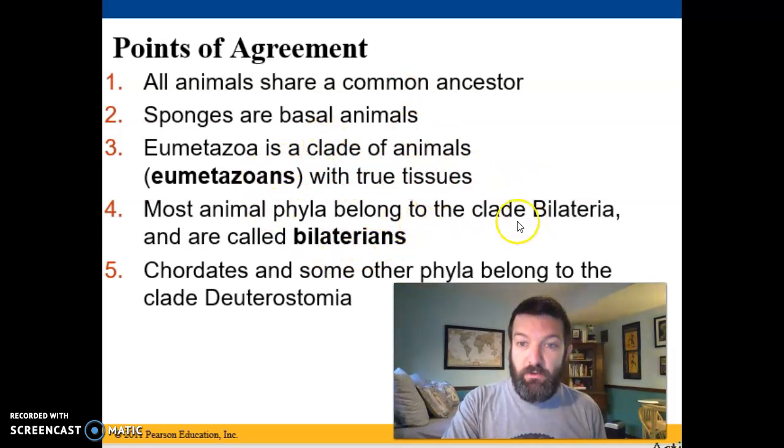Most animal phyla belong to the clade Bilateria, bilaterally symmetrical organisms, which also is a clade, meaning it's a solid group with a good evolutionary foundation with one common ancestor and all of the descendants. And that the chordates belong to a group called Deuterostomia with a sister group of deuterostomes that includes echinoderms. Most of this is agreed upon.